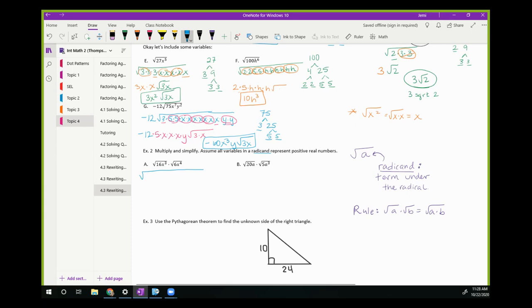All right, so I do the prime factorization of 16. And when I factor 16, I get 2 times 2 times 2 times 2. And then with the x cubed, x times x times x.